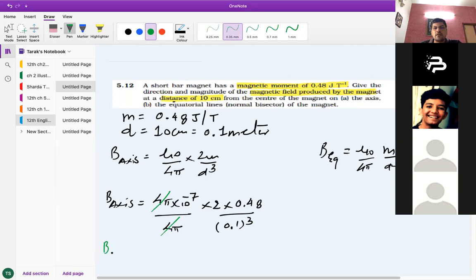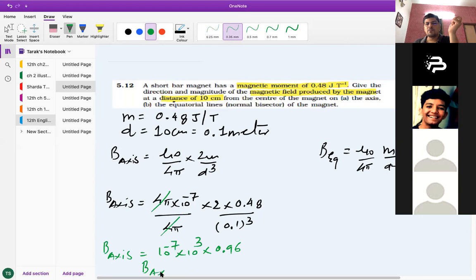So B of x is equal to 10 to the power minus 7 times 10 to the power 3 from the 0.1 cubed, and 0.48 multiplied by 2 gives us 0.96.